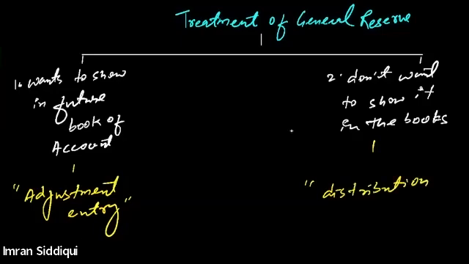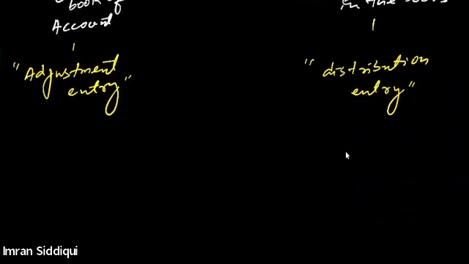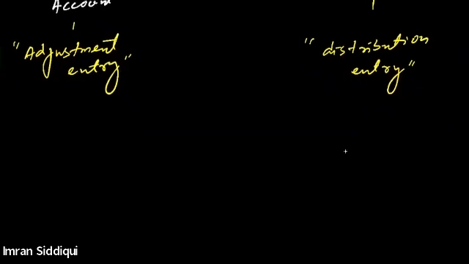So there could be an adjustment entry or the distribution entry depending upon the will of the partners. If they are not willing to show it in the future books of account, then the distribution entry will be done.